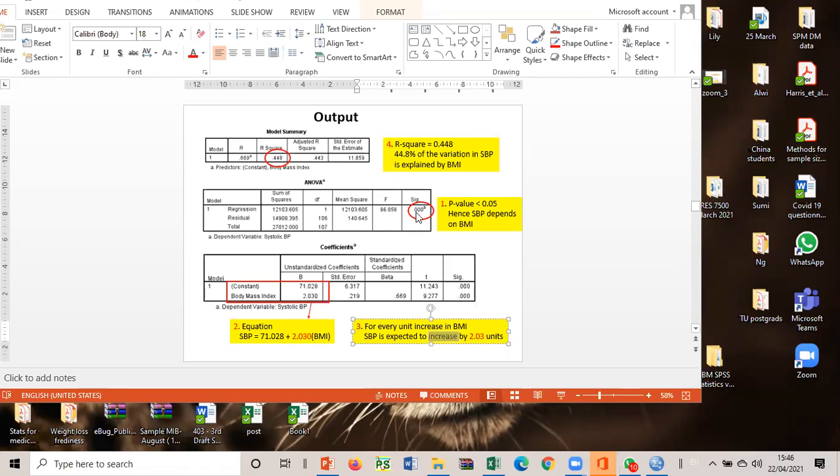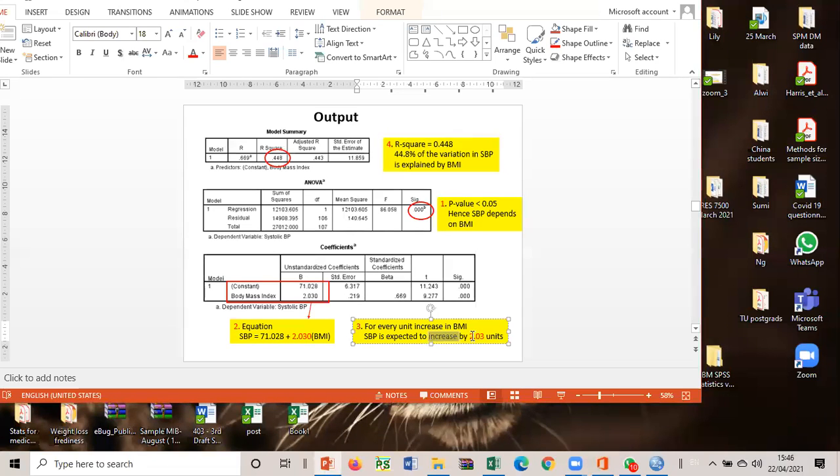So number one, the p-value: does BP depend on BMI? Yes. Next question, how? By the equation. Third, explain what 2.303 means.